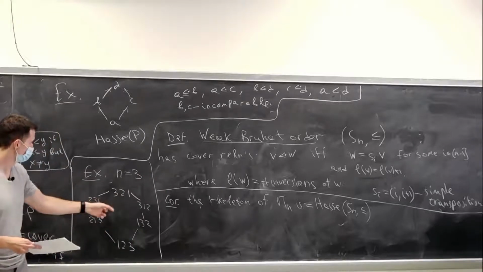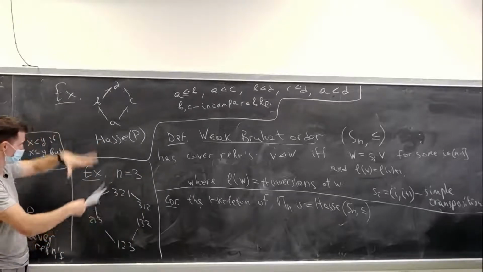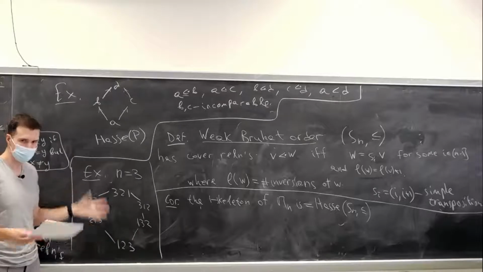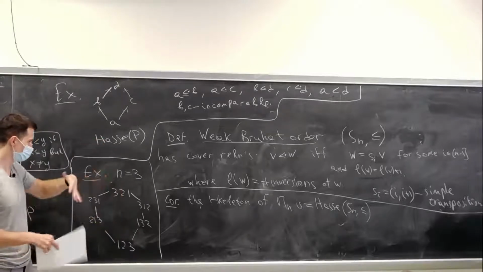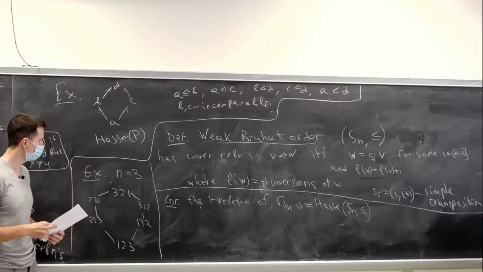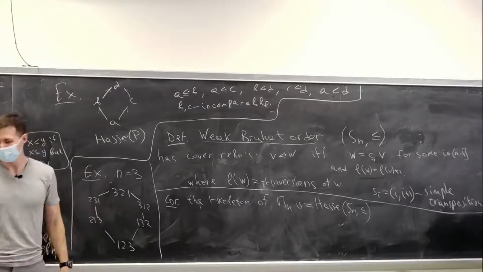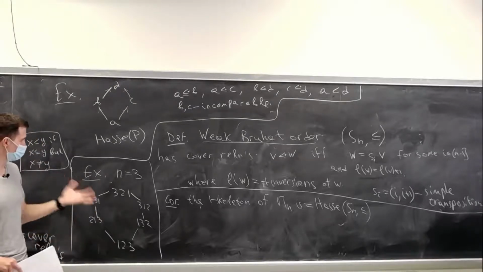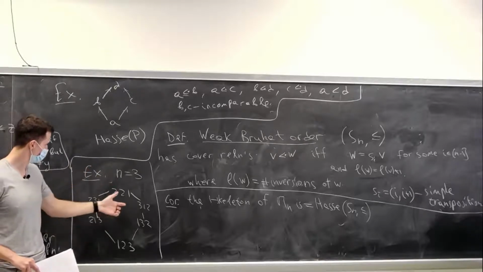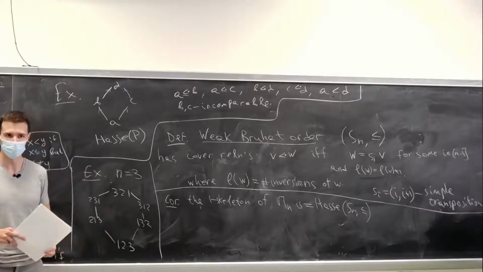For higher n it's going to be a gigantic combinatorial picture. You try to draw it in the plane, it's going to be a complete mess, but somehow it comes from a polytope. That's pretty nice. That's sort of what happens in general: nice combinatorial objects like to be derived from polytopes.